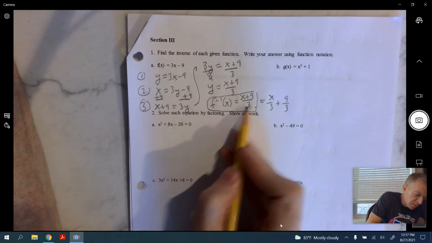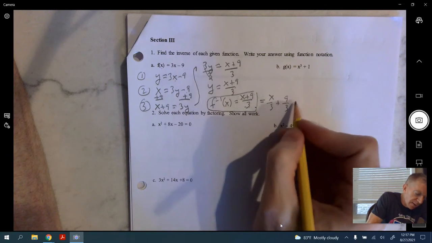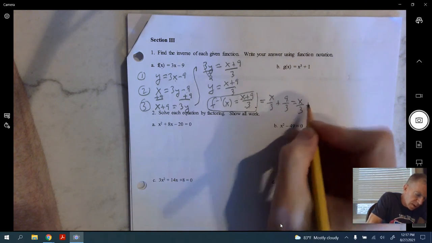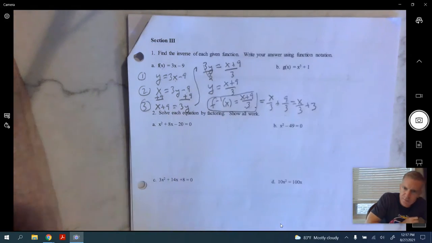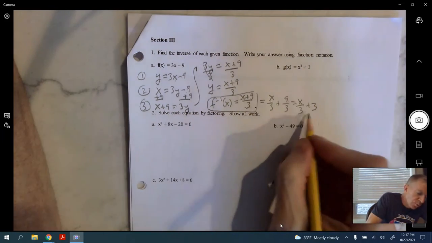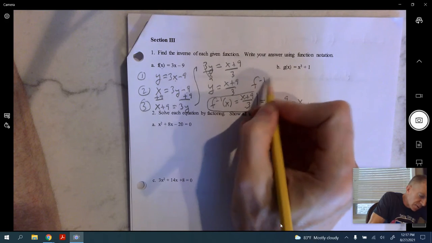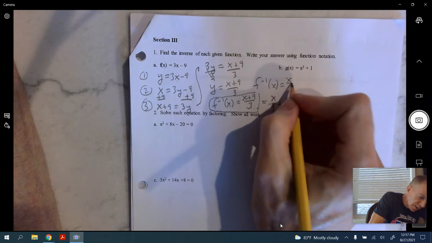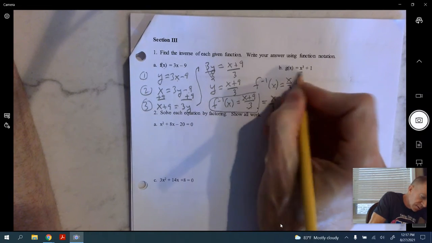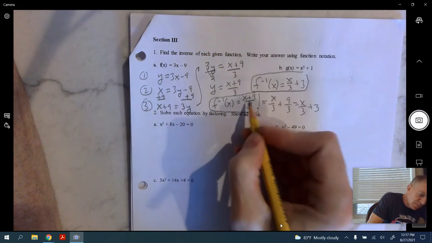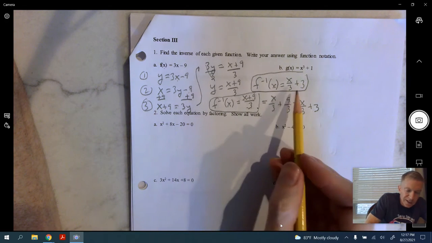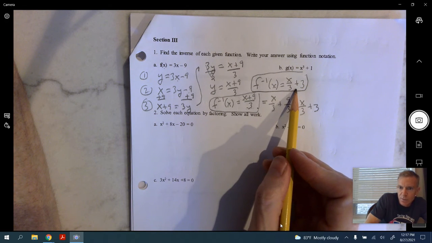So divide the x by 3, divide the 9 by 3, and that's going to give you x over 3 plus 9 divided by 3 is 3. So you might have the answer f inverse of x is equal to x over 3 plus 3. Both of these are correct, but when you're doing multiple choice, if this isn't there, you might have to simplify and see what else is equivalent.